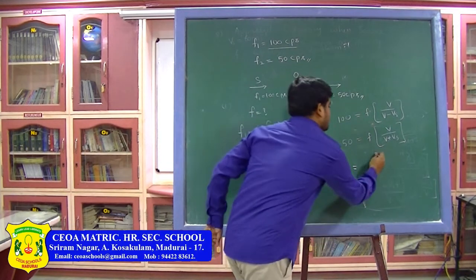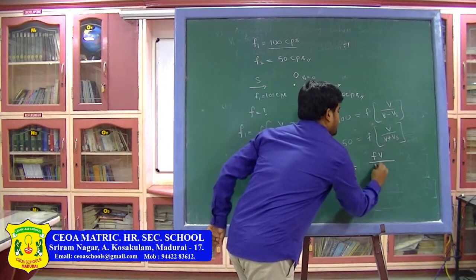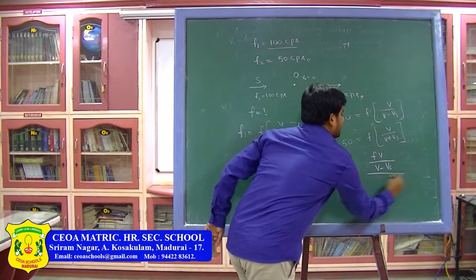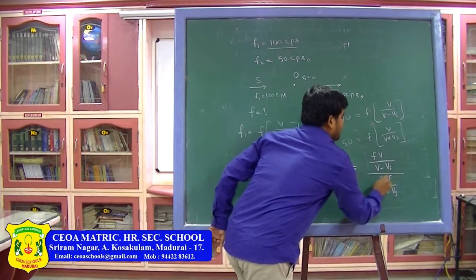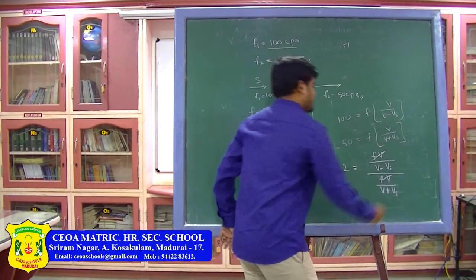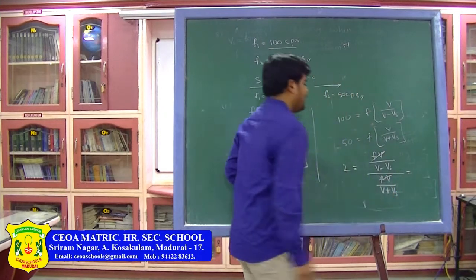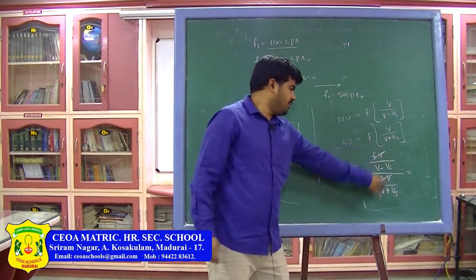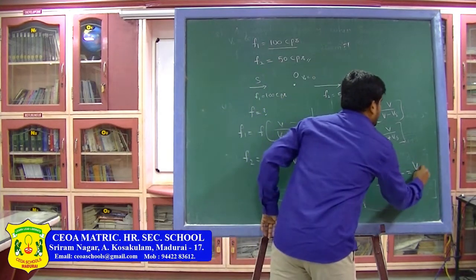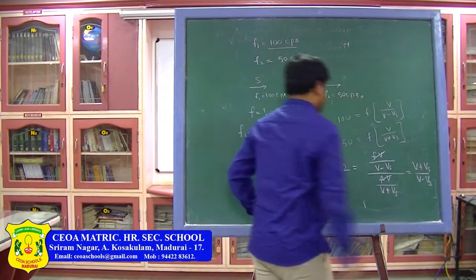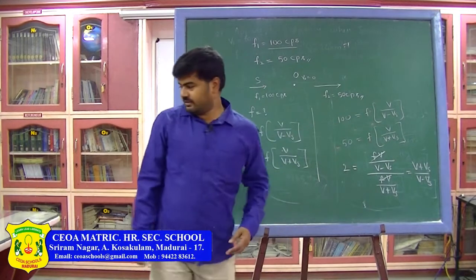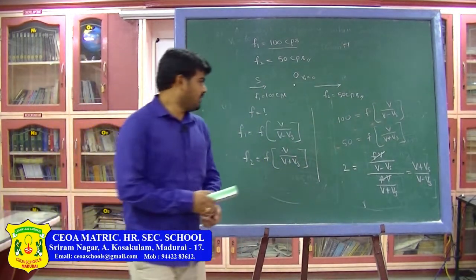Fv divided by V minus Vs divided by Fv divided by V plus Vs. So Fv will get cancelled, and you can write this as 1 by V minus Vs divided by 1 by V plus Vs. So it will be V plus Vs divided by V minus Vs. Now, get the value of Vs and then you can find the frequency.